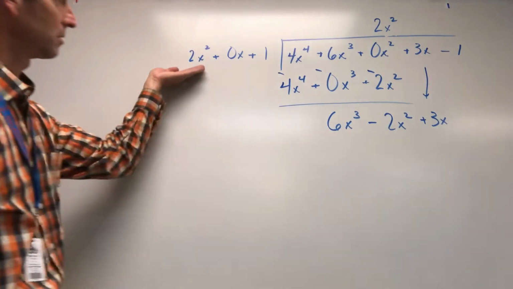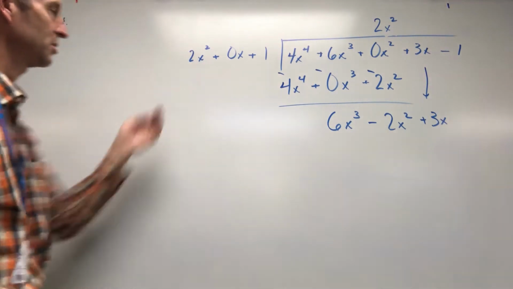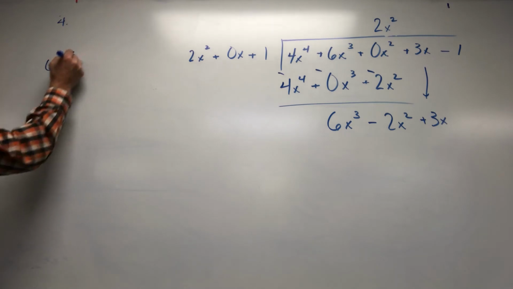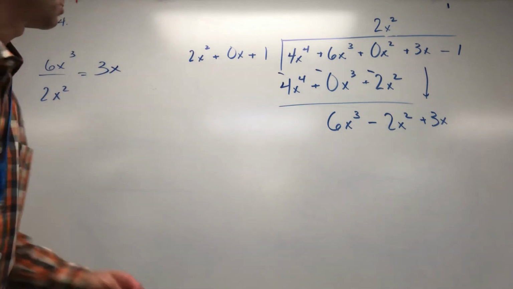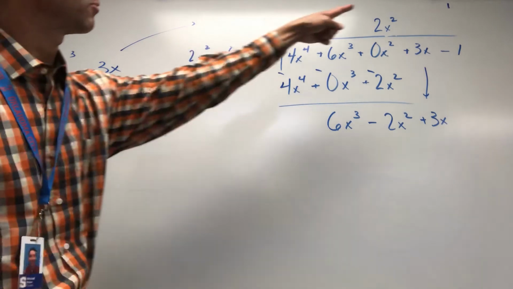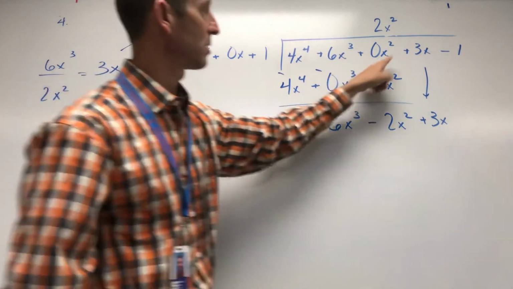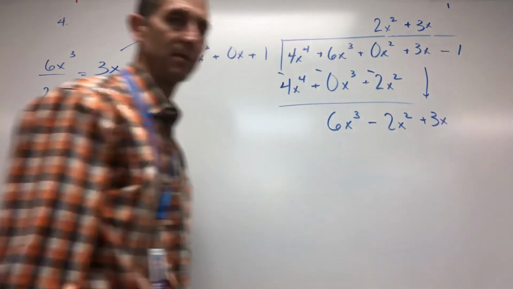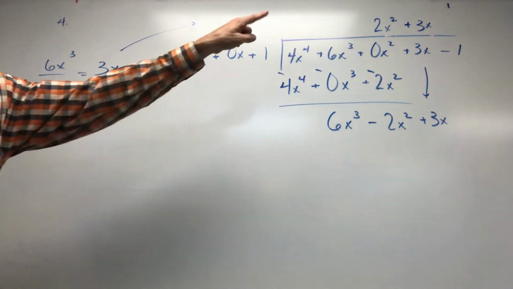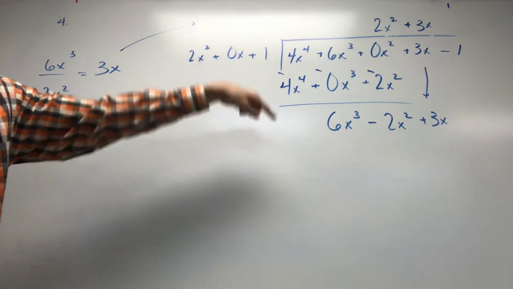Leadoff hitter, leadoff hitter. 6x cubed, 2x squared. 6 divided by 2 is 3. Looks like we have 1x left up top. So my 3x, he's coming over here with the x's, x squareds together, x cubes together.